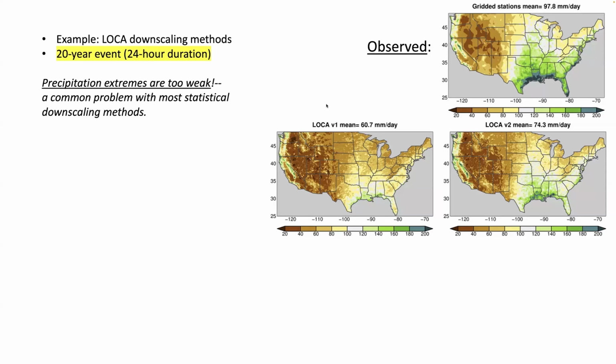And as I note here, weak precipitation extremes are a common problem with most statistical downscaling products that I'm familiar with, LOCA included. Part of it is because of their very construction of using analogs. If you pick the average of, say, 30 best days, you necessarily won't pick the very highest day of precipitation. So this is one of the shortcomings.